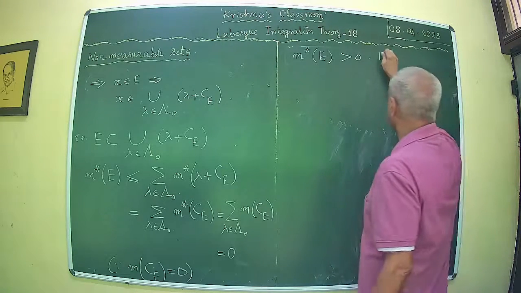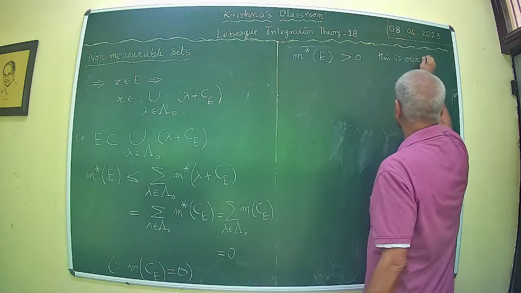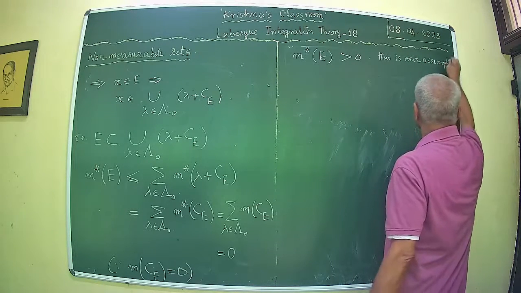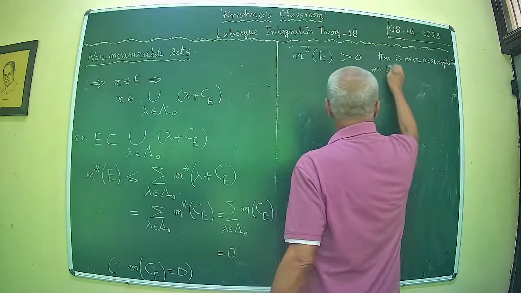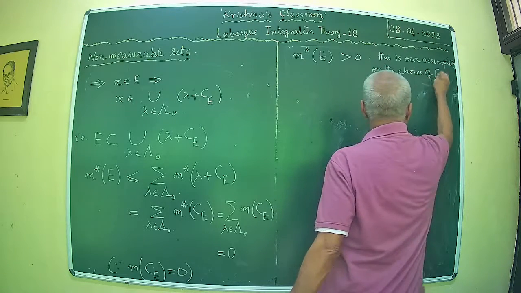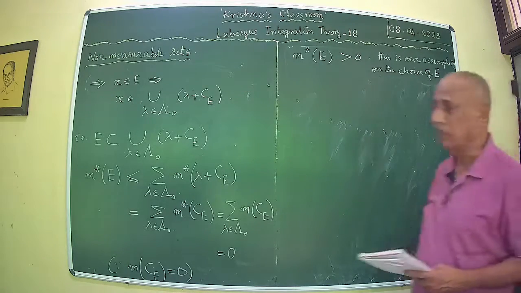This is our assumption on the choice of E, so we have started with a set of positive measure.